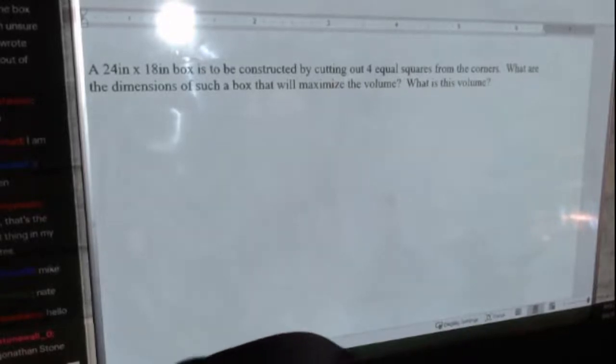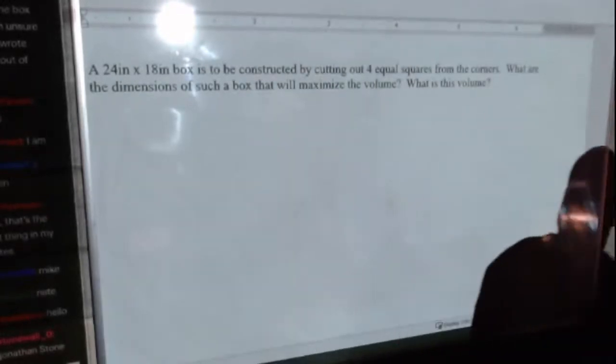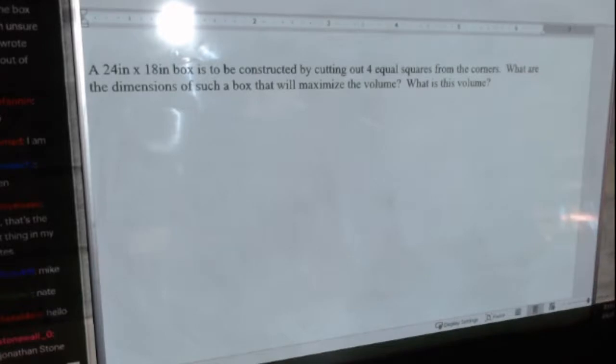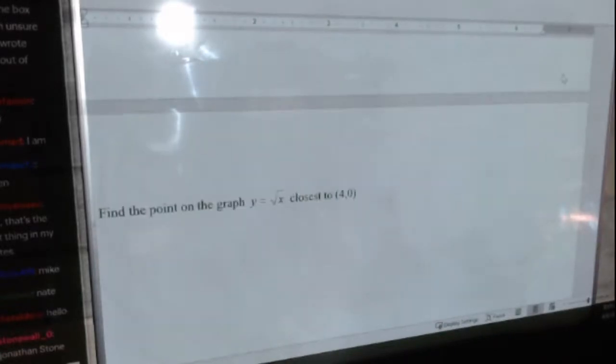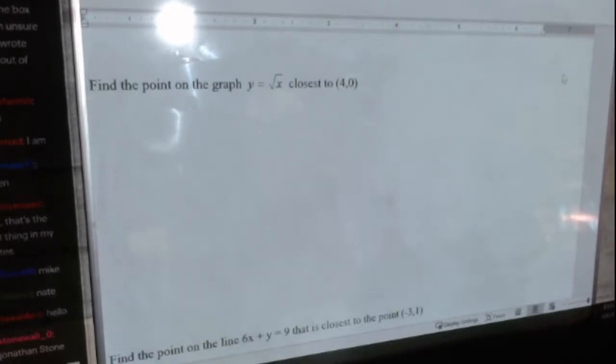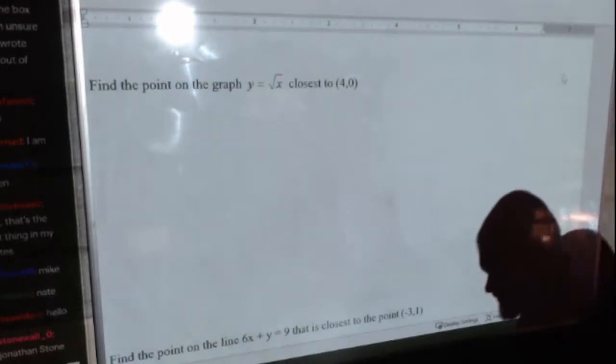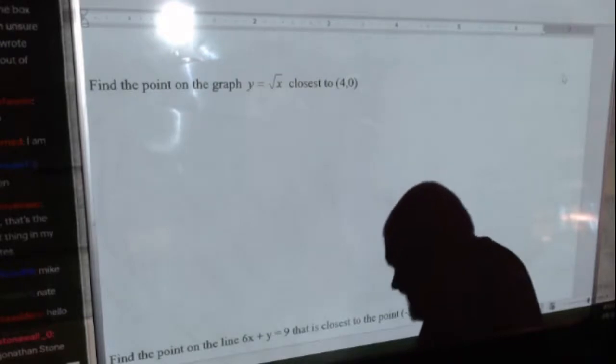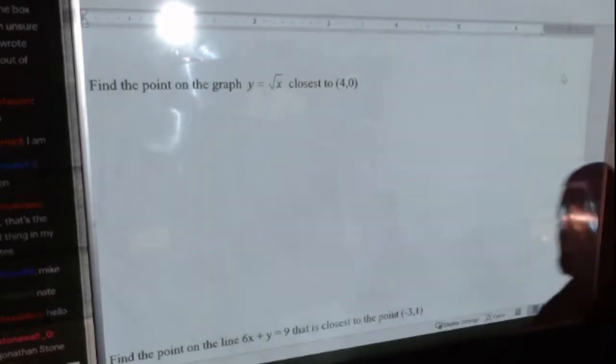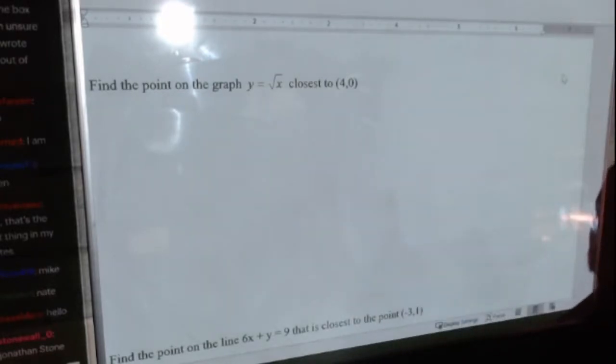So let's go ahead and finish up optimization. This next one says, find the point on the graph y equals the square root of x closest to the point (4, 0).